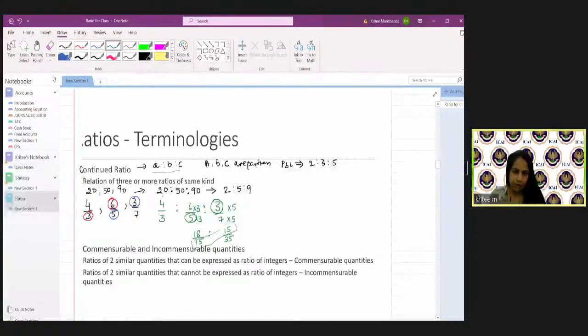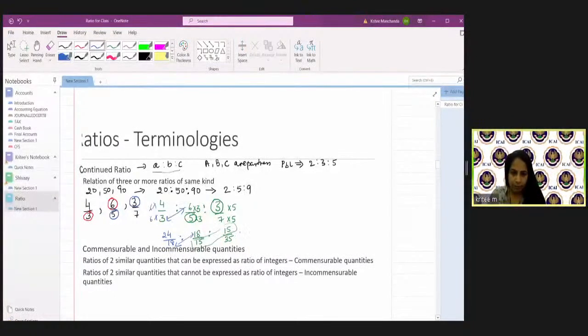Likewise, we would be trying to equate these two values also. So if this is 6, 3, say 18 and this is 3, I will be multiplying the entire ratio by 6. So this becomes 24 by 18. Once again giving me the same number in the antecedent of one and the consequent of the other.